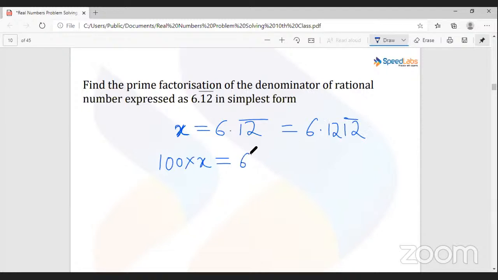So it is 612.12 bar. Now if I denote this by equation 1 and this is equation 2, I perform subtraction.